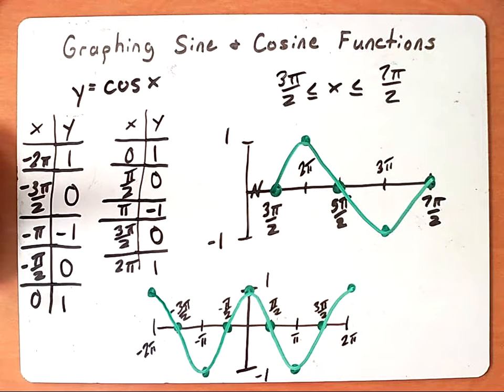Knowing the patterns and how this works and knowing how to draw these functions from memory will help you out immensely as you start messing with the amplitude and the period and shifting these functions by their phase or shifting them vertically. So really learning how to graph the sine and cosine parent functions comes in handy a lot in advanced math. So that's this problem.